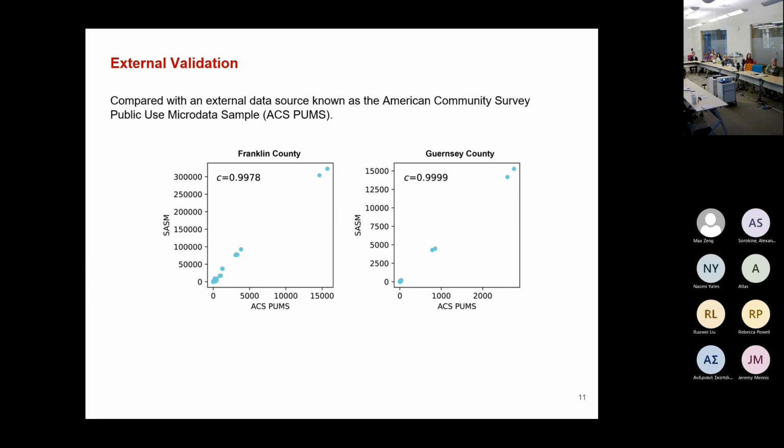We compare the distribution between our synthetic microdata and the ACS PUMS, and as you can see in these two figures, the data points are mostly on a straight line. We also compute the cosine similarity between the ACS PUMS and the synthetic data we created, and the numbers shown here are pretty close to one. So that's a way to validate our synthetic data.